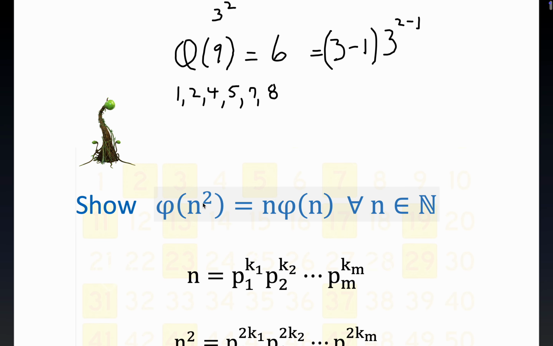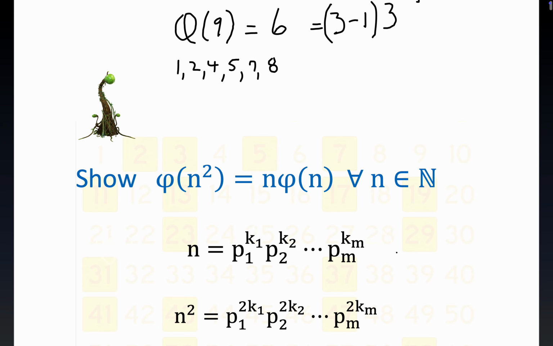Now, we're trying to show that phi of n squared is the same thing as taking n and multiplying it by phi of n. We're trying to show it for all natural numbers. So a very common starting point for any number theory proof is to write the prime factorization of the integer. And so these p's are distinct here. So let me write that in. Your p sub i's are distinct.